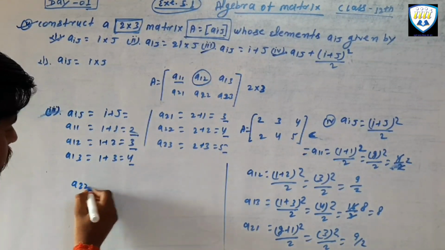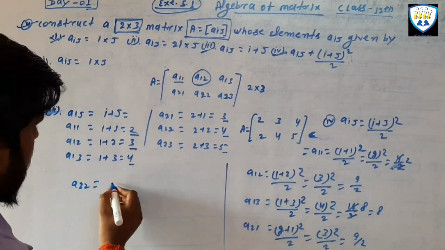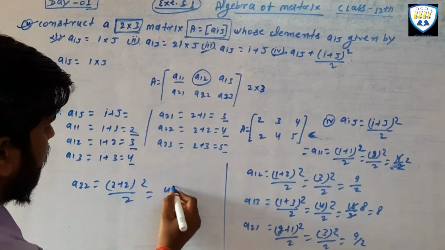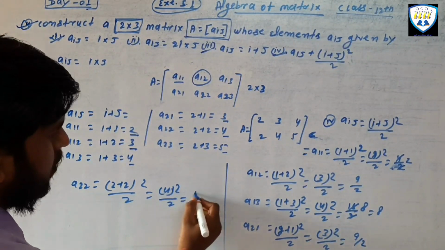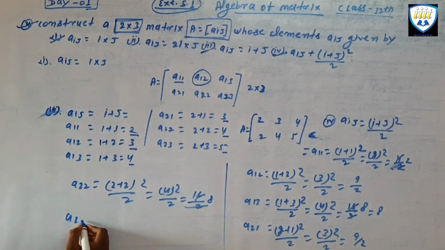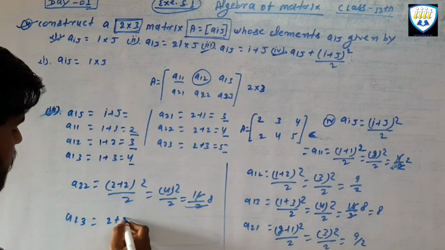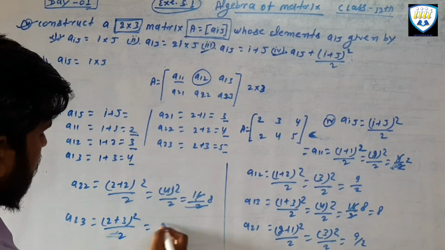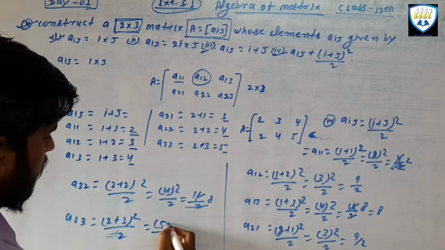A22 equals (2 plus 2) square upon 2, 4 square, 16 upon 2, 8. Any doubt? A23 is (2 plus 3) square upon 2, 5 square upon 2, 25 upon 2.